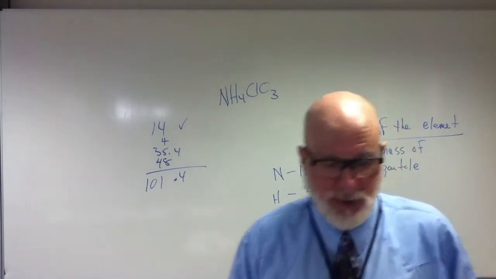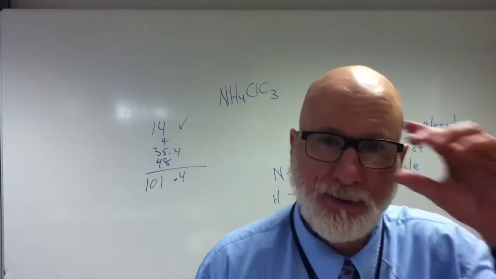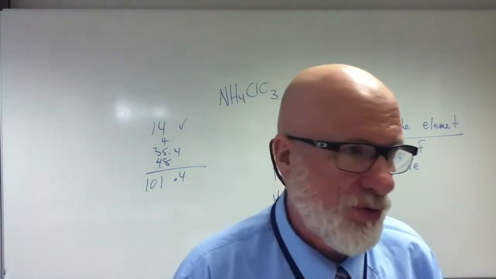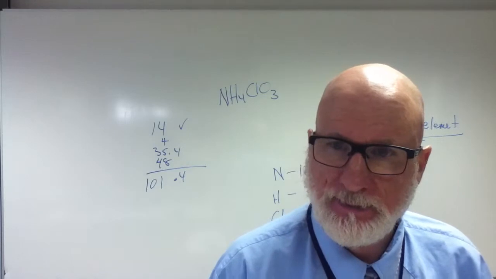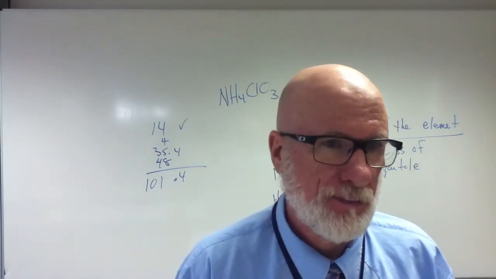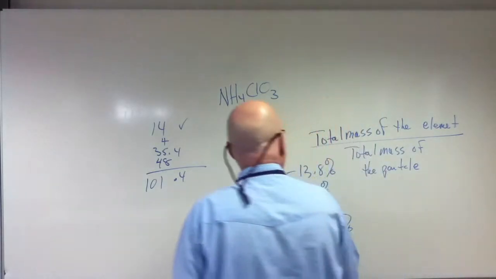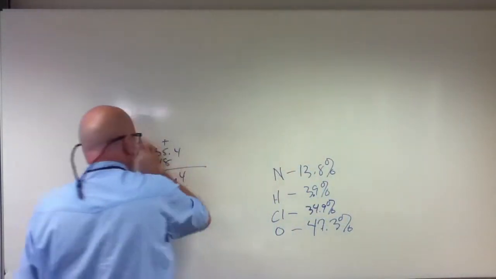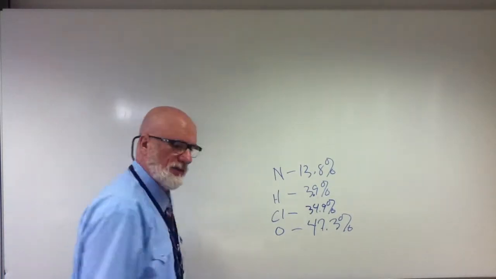Okay, this is actually a fairly challenging problem. Easy for percent composition, but if this were empirical formula, it would be challenging. So if you can do this empirical formula, you're doing all right. So let's say that I have a substance, we'll say it's a salt, okay?